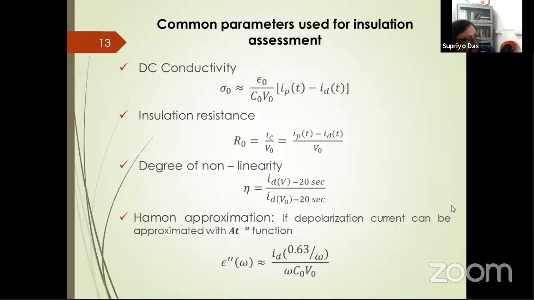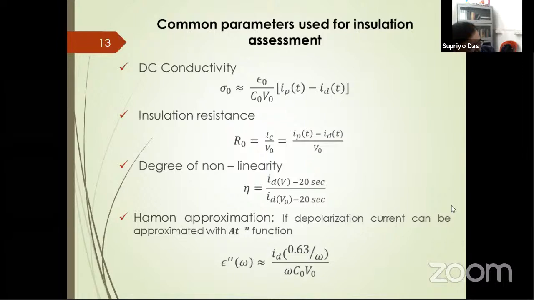That means the material configuration, the morphological structure, has deteriorated. So definitely there will be more possibility of polarization or charge accumulation. So the degree of nonlinearity we can get by considering the depolarization current at a lower voltage and at a higher voltage.